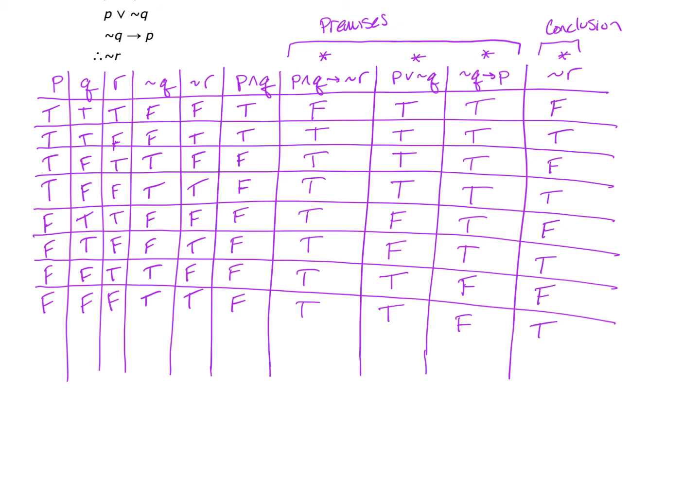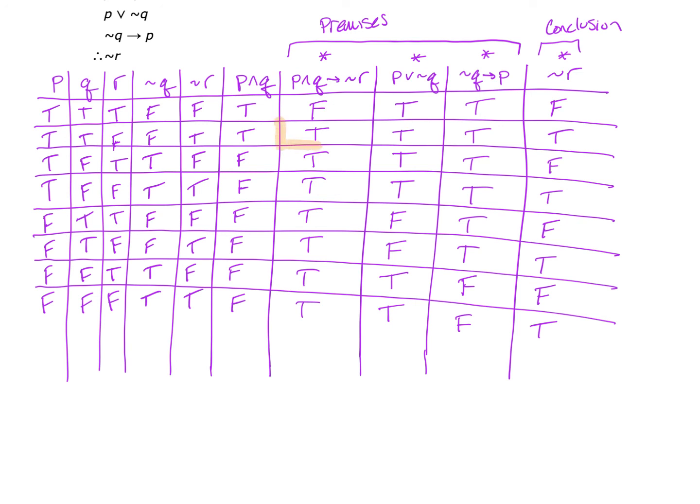Okay, so now I have to identify critical rows of this truth table. So I'm trying to determine if my argument is valid, and that means that if all the premises are true, then the conclusion is also true. That would be a valid argument. If you accept the truth of your premises, the truth of the conclusion would have to follow. So I'm going to highlight rows where all my premises are true.